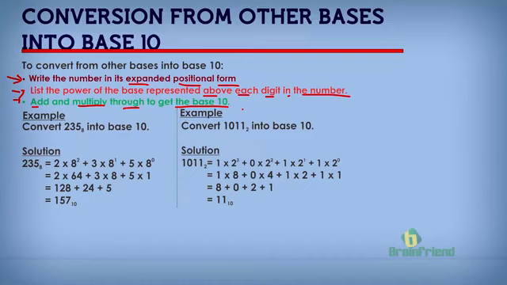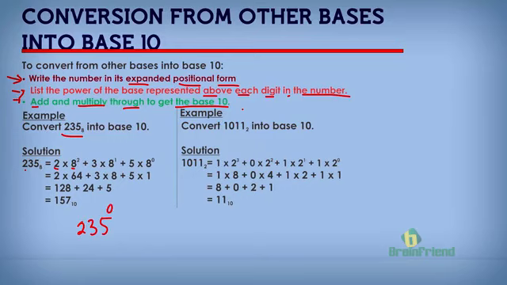If you were asked to convert 235 base 8 into base 10, following our steps, we'll write this same number, 235 base 8, in its expanded positional form. So we write down every digit, 2 first, times the base 8, raised to a power. 235 is made up of 3 unique digits.